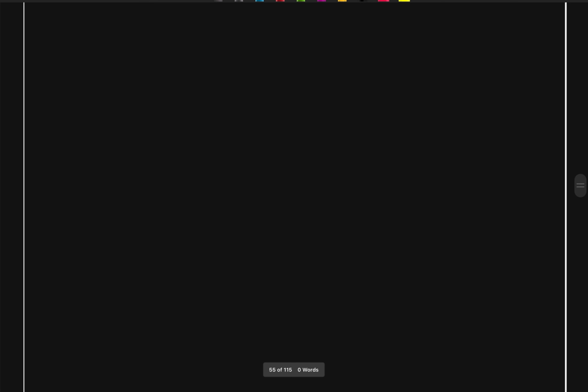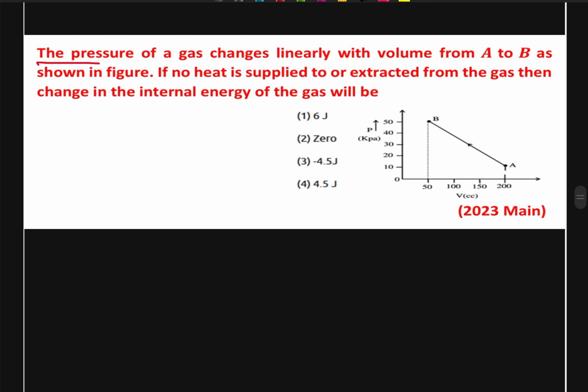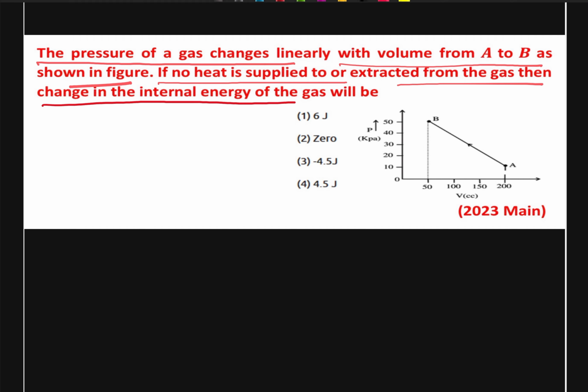Next question. It states that the pressure of a gas changes linearly with volume from A to B as shown in the figure. If no heat is supplied or extracted from the gas, then the change in internal energy of the gas will be. So no heat is extracted or taken, so this is basically an adiabatic process.